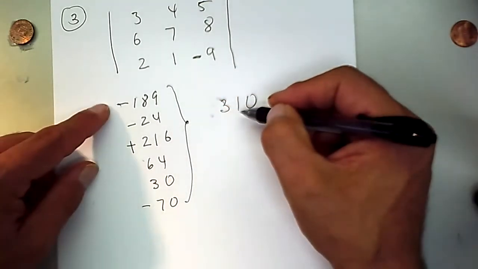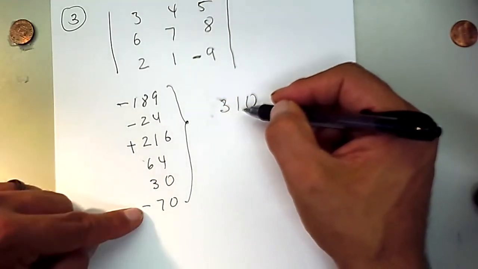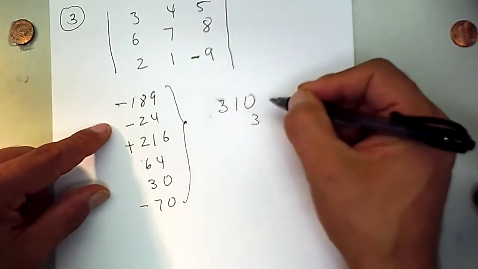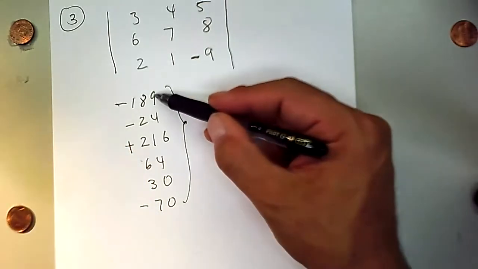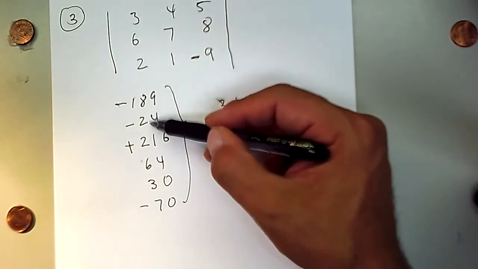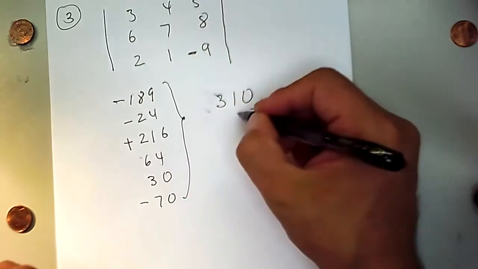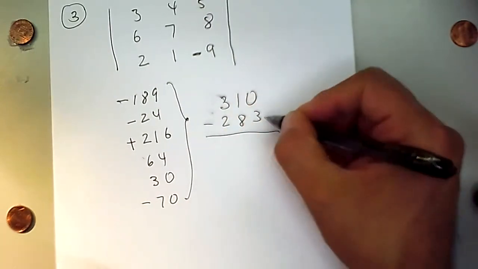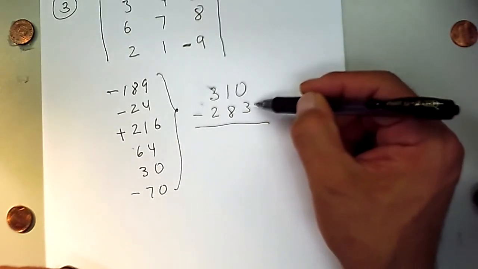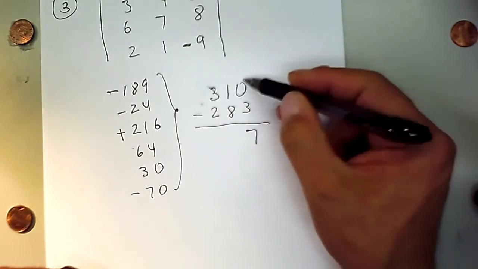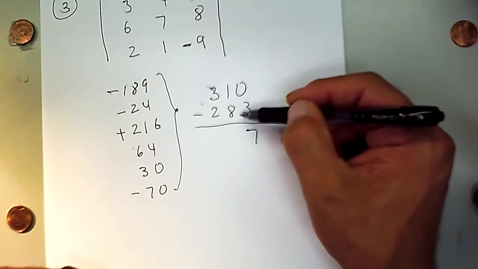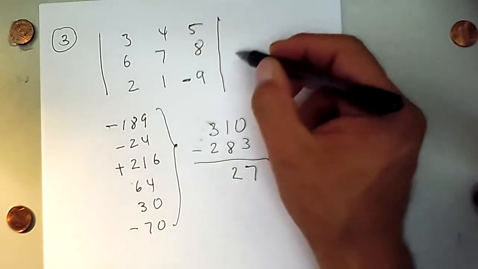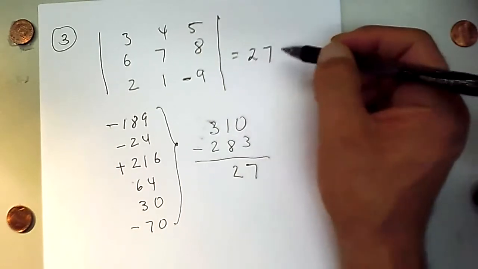And then the negatives, let's see, 9, 13, carry 1, 9, 11, and 7, 18, carry 1, 2. So we have 0, minus 3, 7, 10 minus, no way, positive 27.